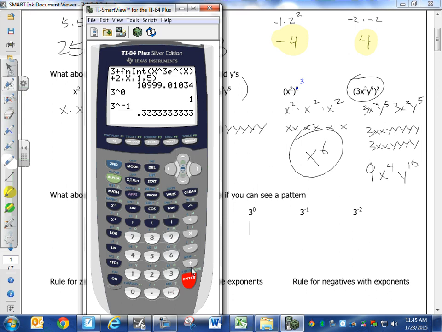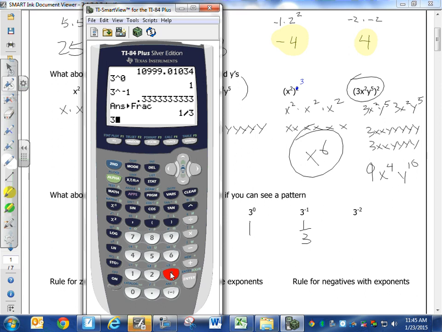Everybody be quiet. This is 1/3. This is the rule of negative exponents. We're discovering it. Everybody be quiet. Math, enter, enter.